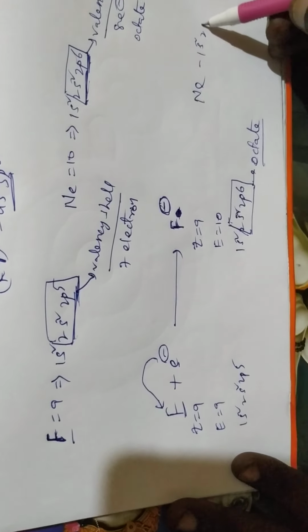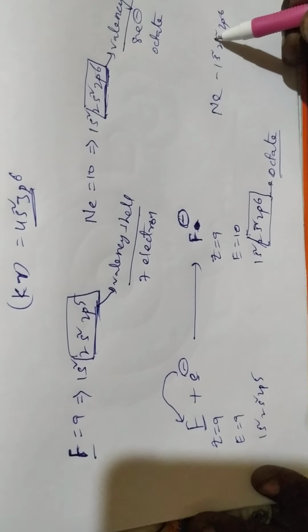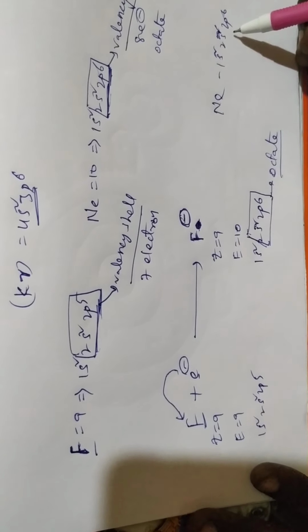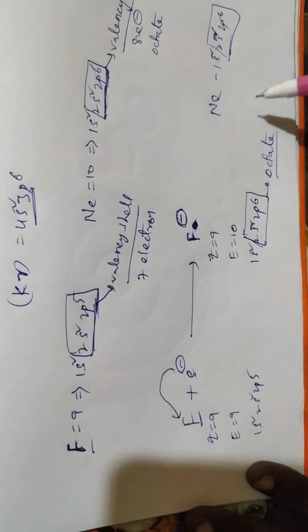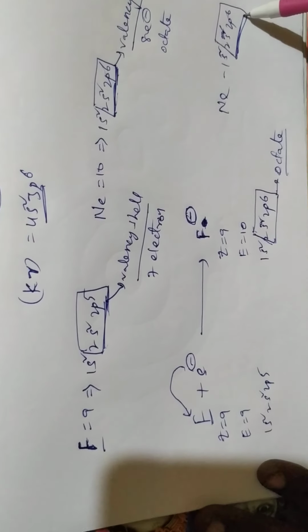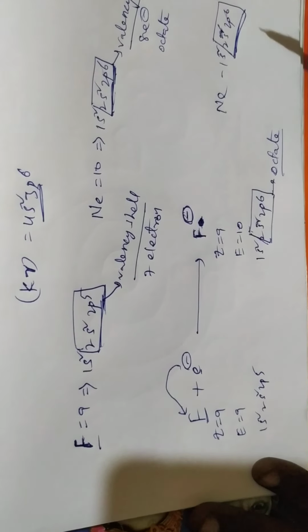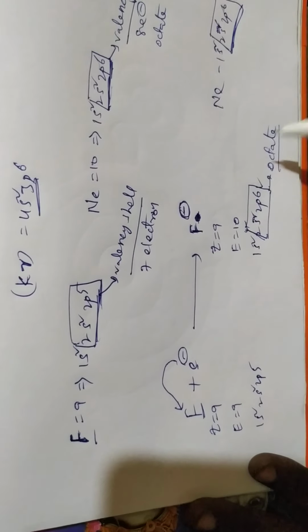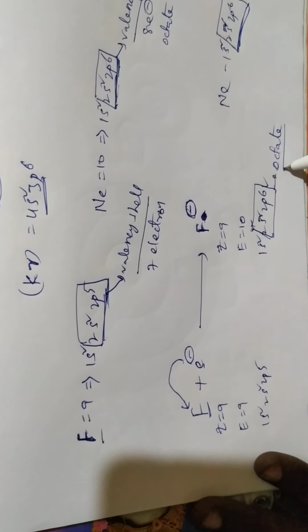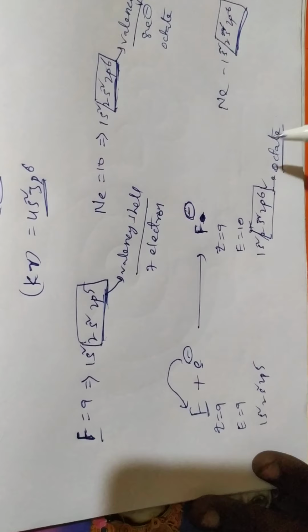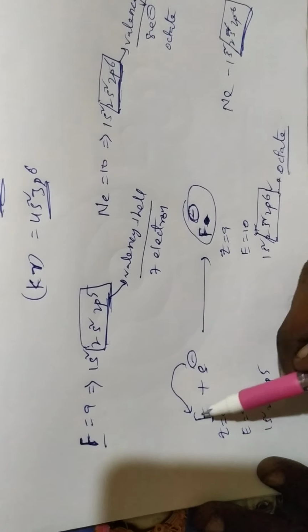Neon has 8 electrons in its valence shell, and F minus also has 8 electrons, so it is also an octet configuration. F minus is more stable than fluorine.